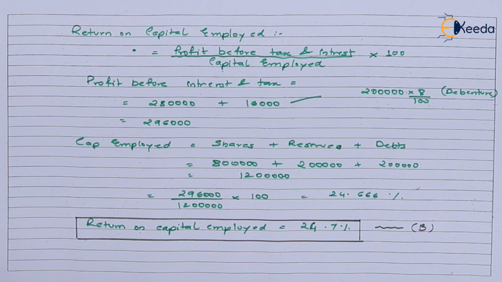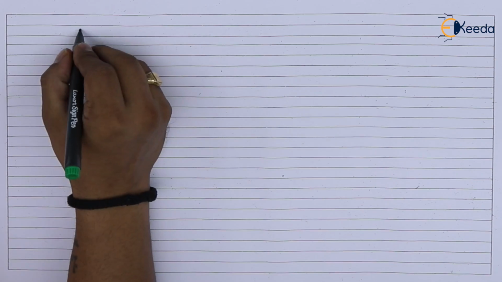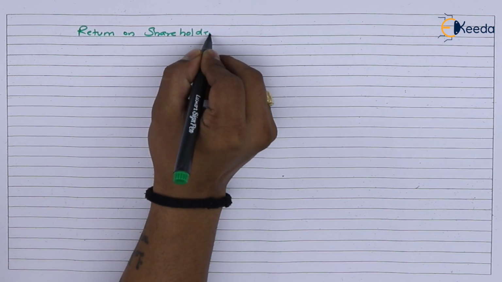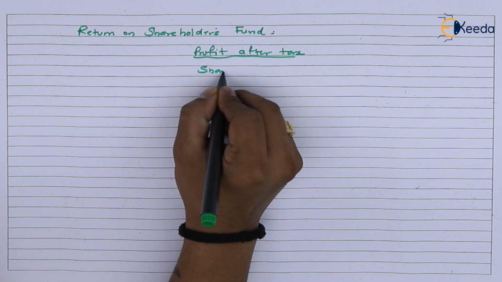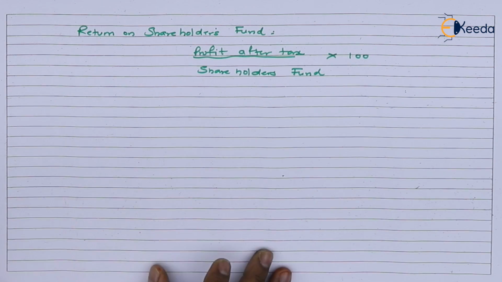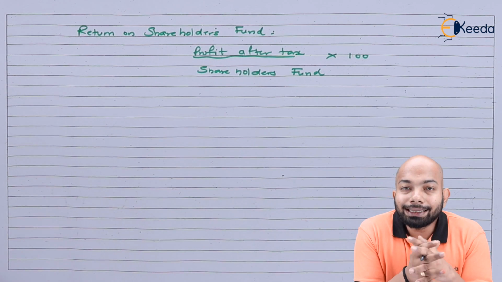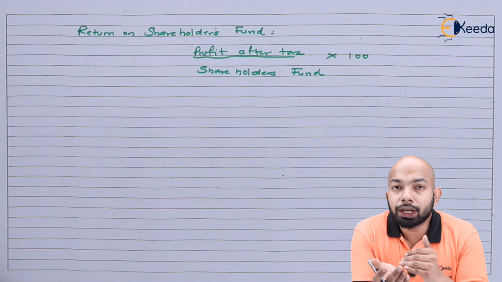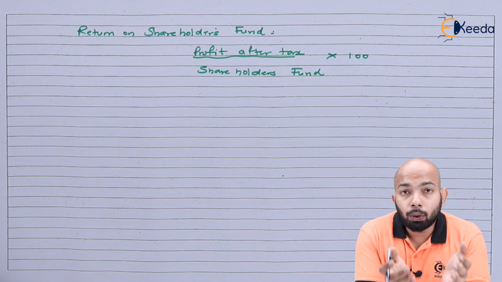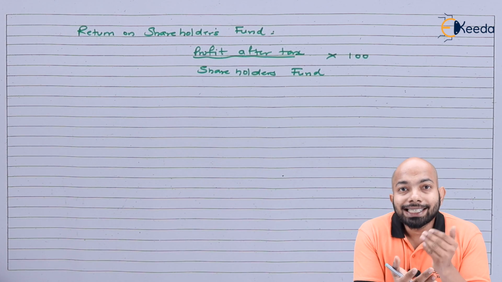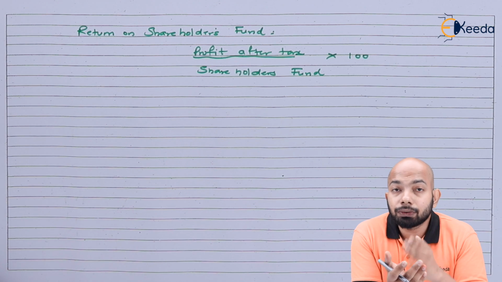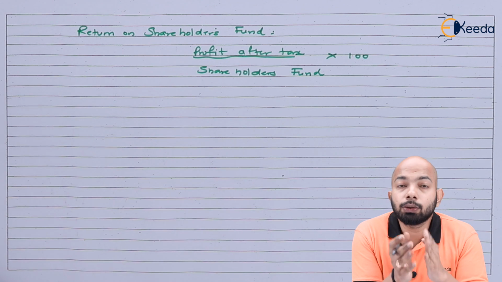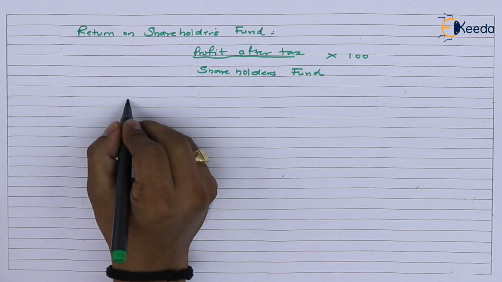Now let's figure out the last ratio that we have to calculate. The formula here is profit after tax upon shareholders fund into 100. Profit after tax we already know. Shareholders fund is equivalent to capital plus reserves. Only capital plus reserves will be shareholders fund.